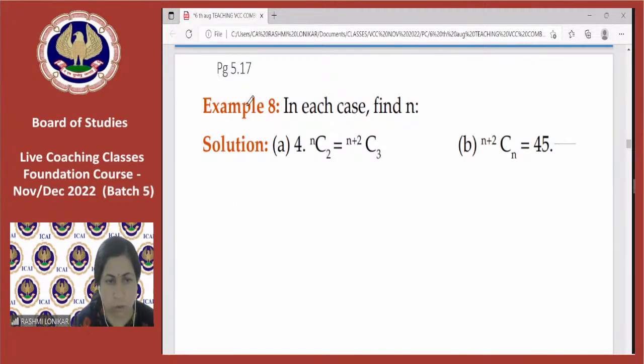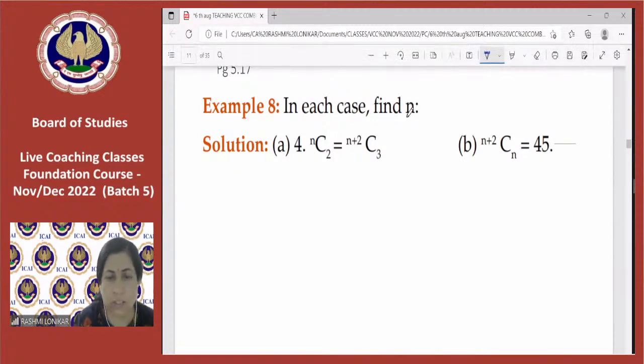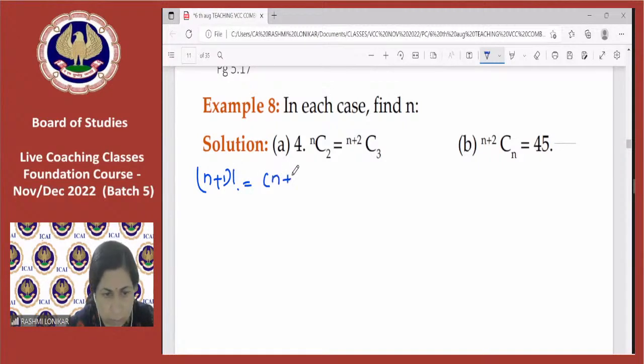Now let us go to the question 5, on page 5.17, that is the 8th example. Now here what happens is, in each case find n. So we have 4 into nC2 is equal to n plus 2 C3. Always remember this, that I can write n plus 1 factorial to be equal to n plus 1 into n factorial.